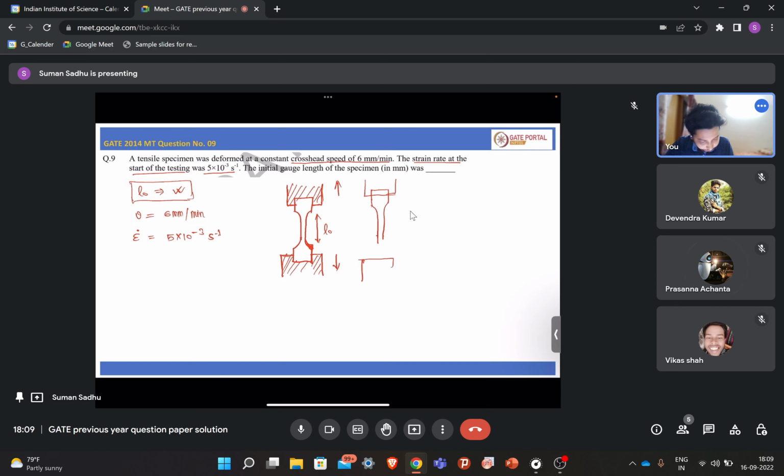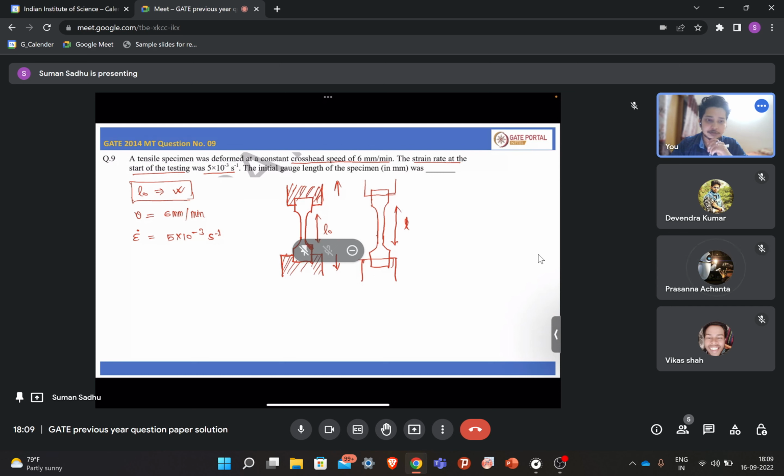Let's say this length is now L. Now you understand what crosshead speed V means: the movement speed of these two holders or grips.